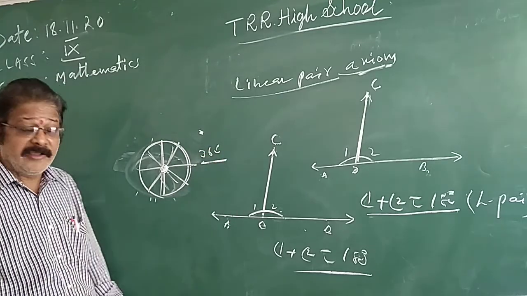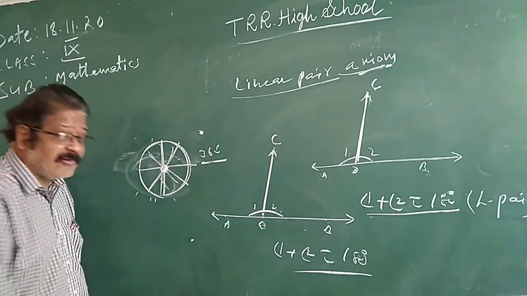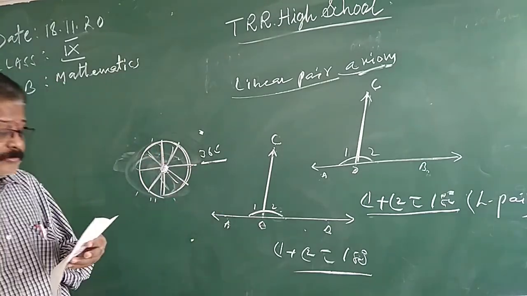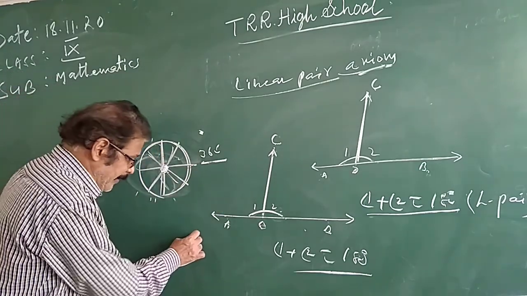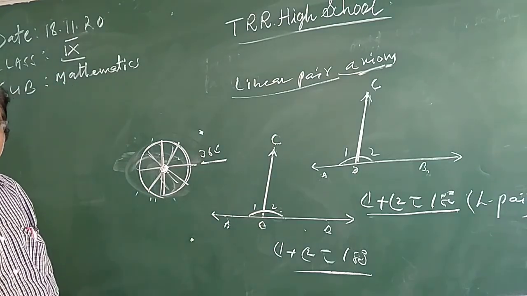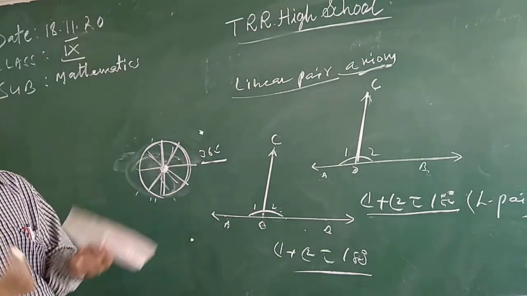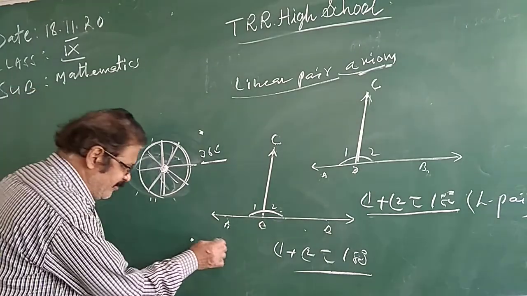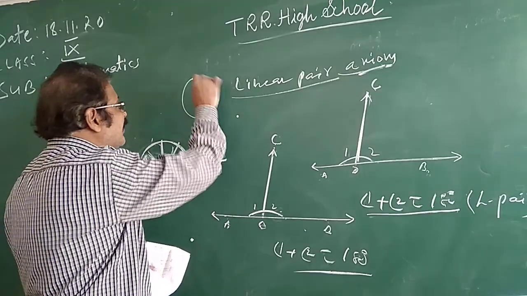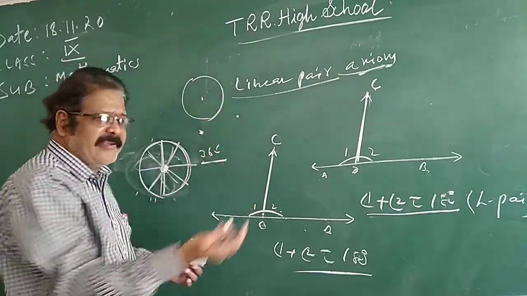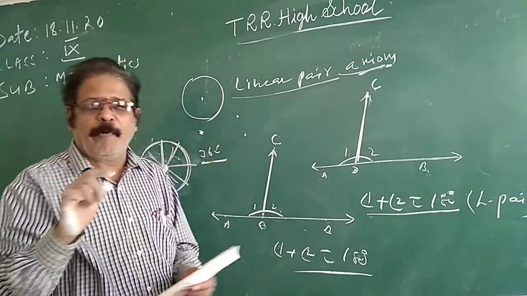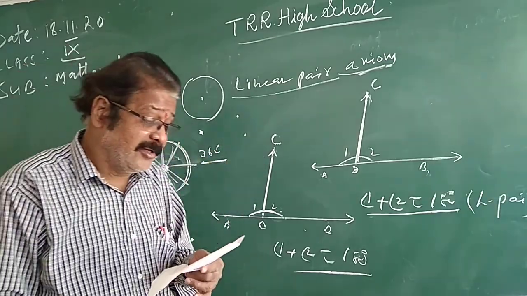The angles around a point is called 360 degrees. Then what do you call it? Complete angle. Already we discussed in the last class. Complete angle means the angles around the point. When you just put the dot, it is 360 degrees. When you draw the circle, around the circle the angles are 360 degrees. Around a point means 360 degrees.